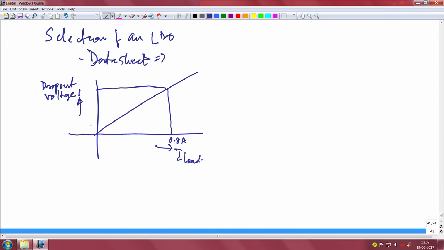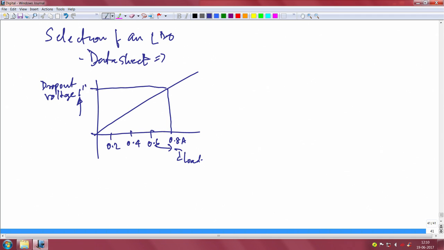This axis is dropout voltage and this axis is the load current. You can put here 0.2, 0.4, 0.6 and 0.8, it is not uniform. Let me move it a little bit so that we show 0.8, this is 0.4, this is 0.2, this must be 0.6, right.